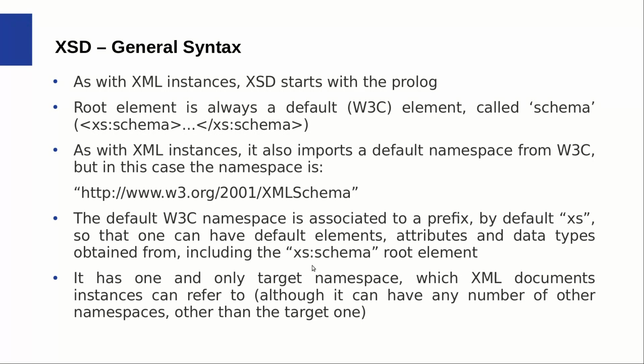XSD files, as we've shown you already, have one and only target namespace, which is a custom namespace for that document, which is referred to from any instance that refers to that document in order to use the components, the elements, attributes and data types of that document, by referring to this target namespace.